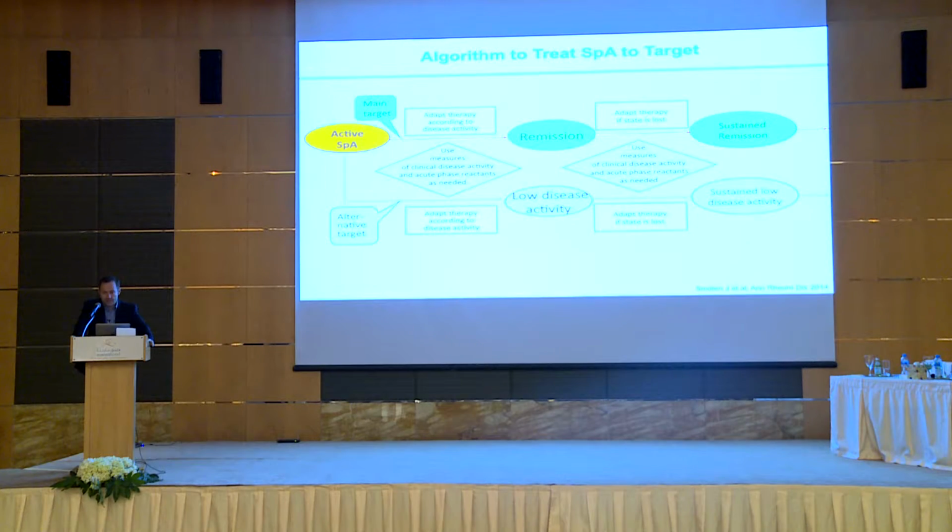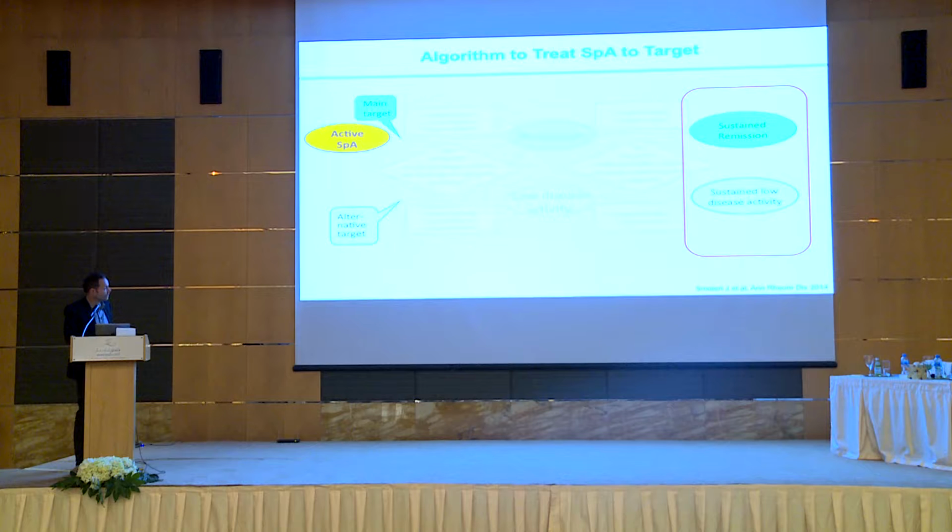So, if we want to treat, we all know this treat to target algorithm that says that we need to get the best target out of every patient and so on. I think that's something trivial and straightforward. We really need to aim for remission or to aim for low disease activity.